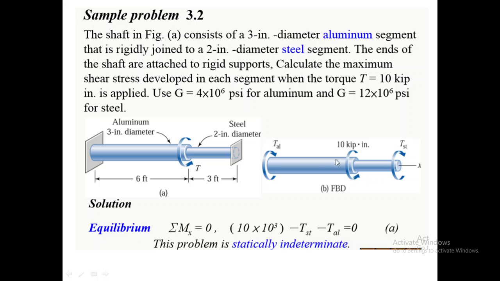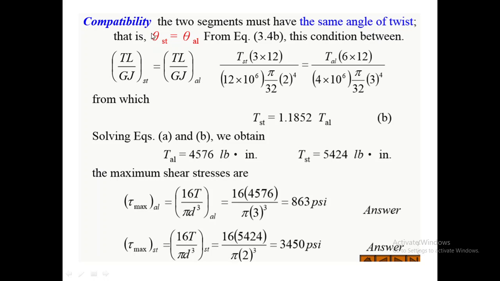That's why the angle of twist for aluminium and the angle of twist for steel should be the same at this point. That is our compatibility condition. The two portions should have the same angle of twist, so the angle of twist for the steel portion will be equal to that of the aluminium portion.